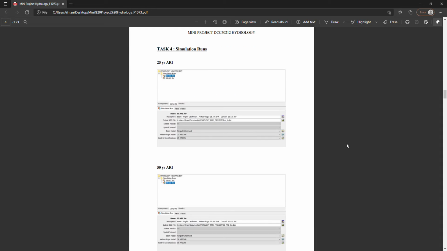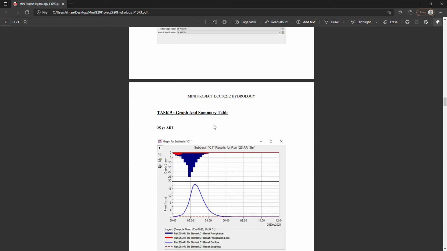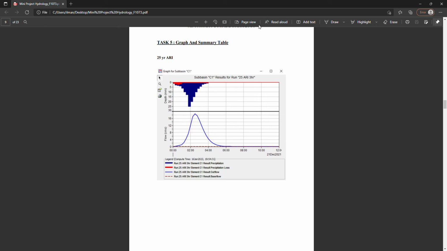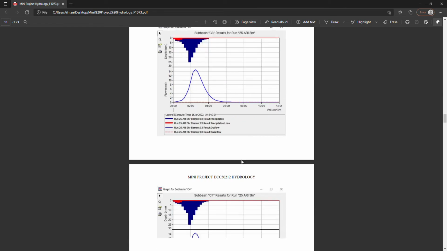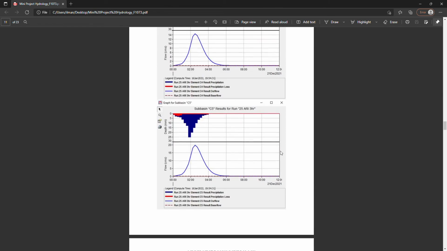Next, task 4 is the simulation run for 25 years and 50 years. Task 5, graph and summary table for 25 years, from C1 until C10: C1, C2, C3, C4, C5.